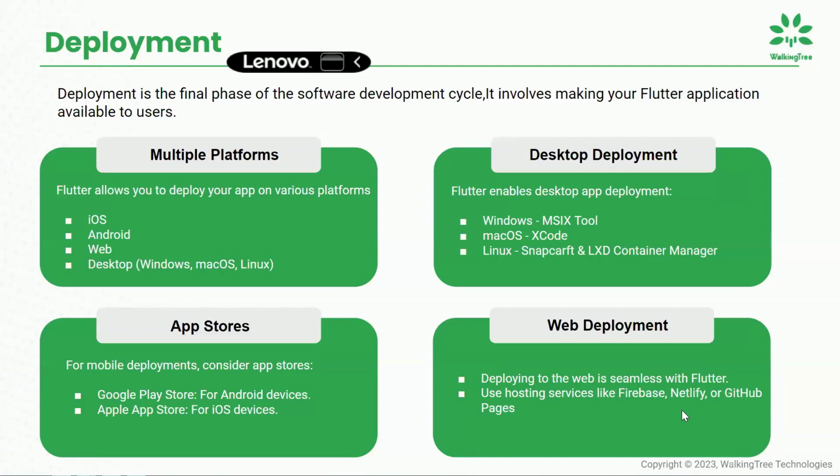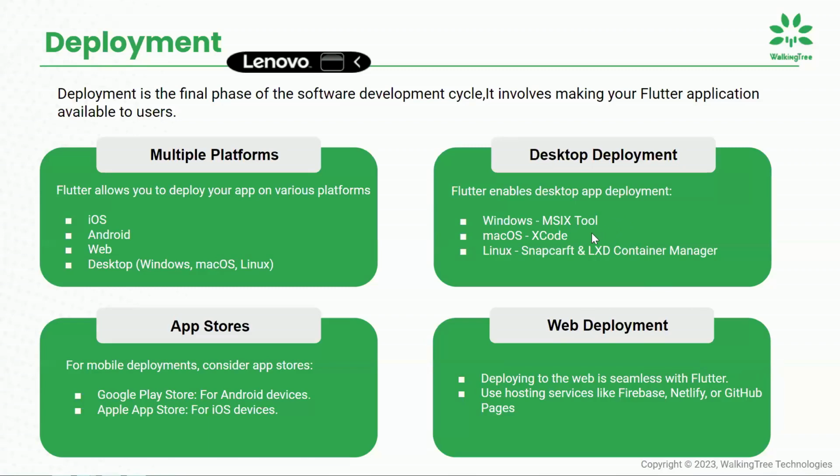As we discussed, desktop has multiple flavors: Windows, Mac OS, and Linux. So we have different tools to package your Flutter code for a native application. For Windows, the MSIX tool will help you generate an installer as well as a native shell to run your Flutter code.